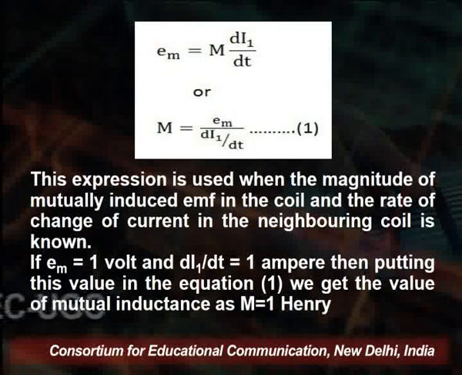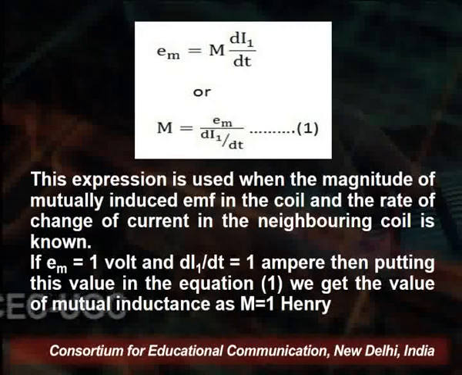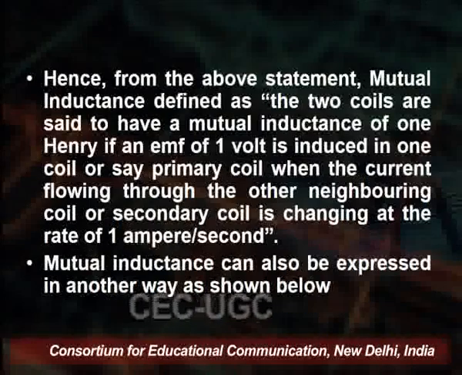So if the EMF is 1 volt and the change in current di1 in coil A is 1 ampere, then putting these values in equation 1, we get the mutual inductance M as 1 Henry.